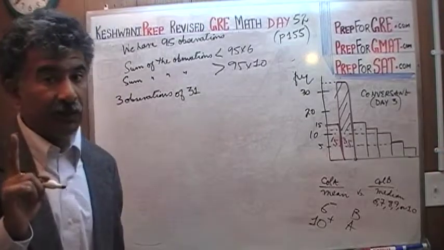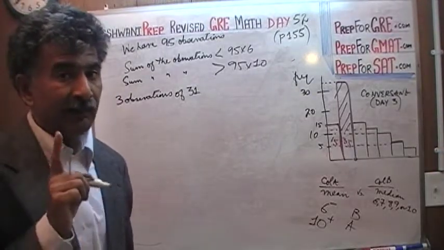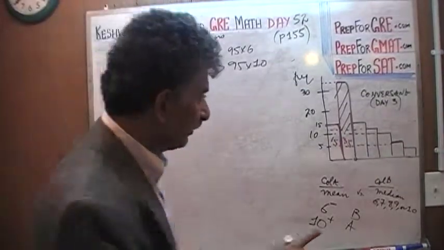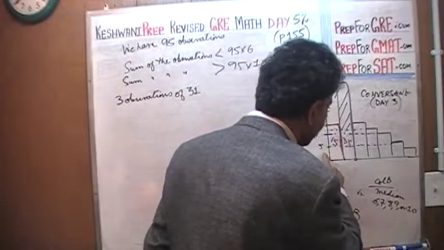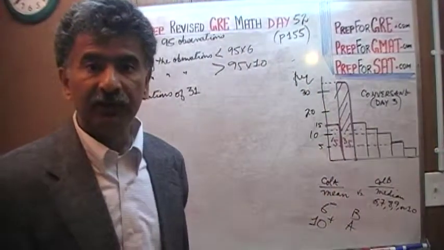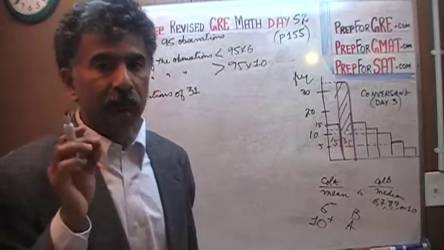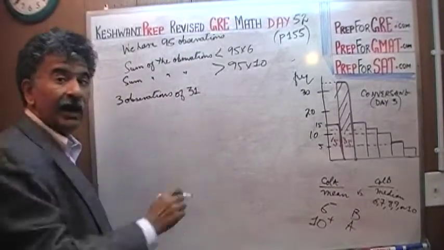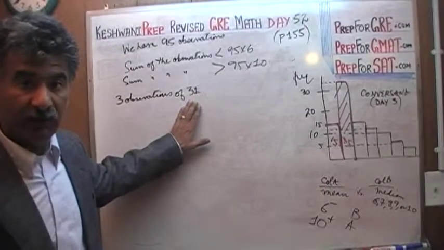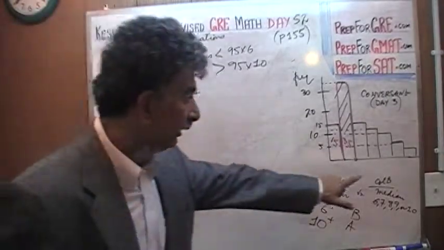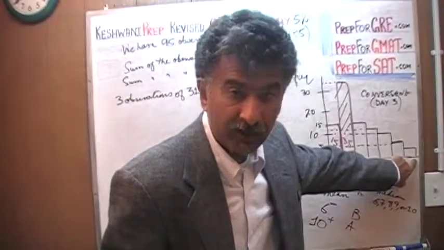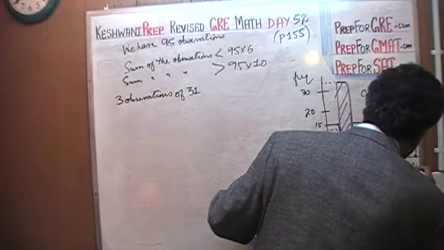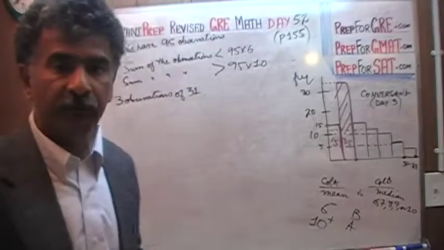Now, when I said 31, I'm looking at a very conservative estimate, because I'm assuming that every single observation that falls here, there are 3 of them, is 31. It is quite possible that all of these 3 observations are 35, because that is the very far end. It goes from 31 to 35 right here.